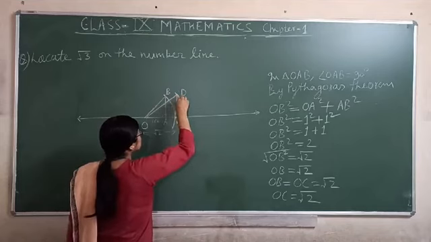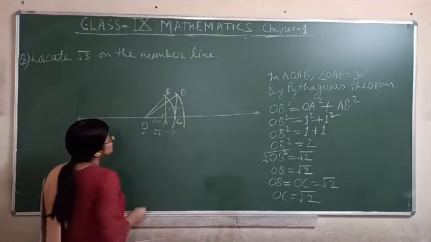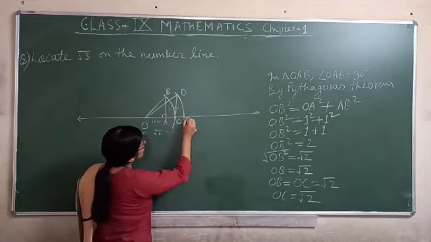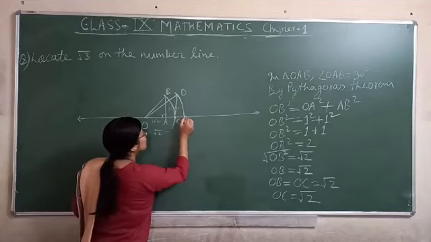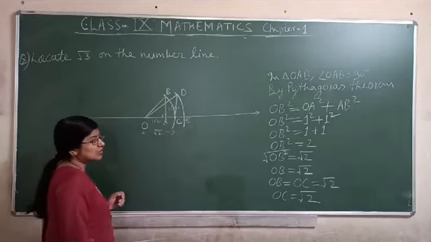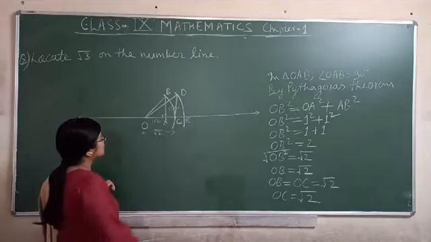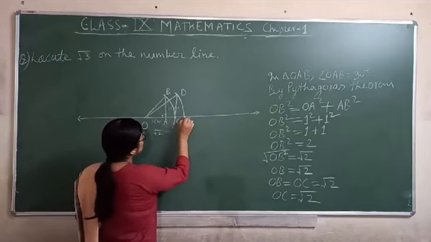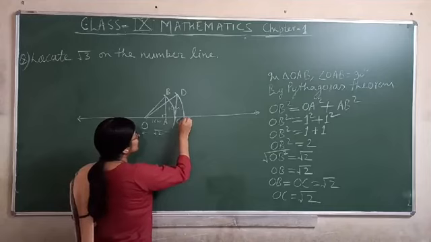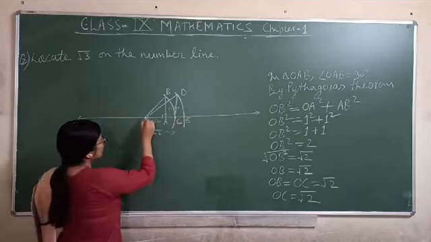Okay? This is your point E. Earlier I told you this by calculation. So look at what point E will represent. It will represent root 3. Look how.